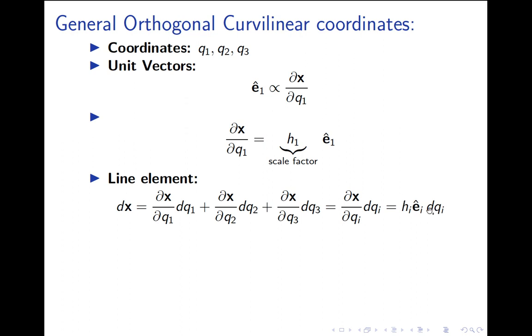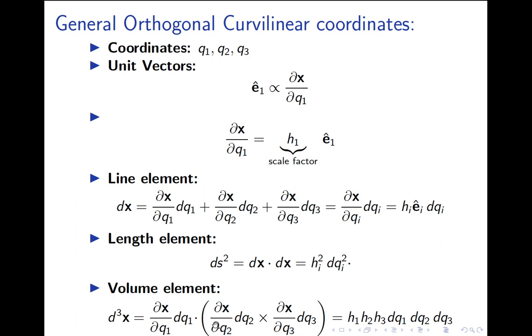So this is the general expression for a line element along a general orthogonal curvilinear coordinate. The length element is given by the magnitude of the line element, dx dot dx, and because they are orthogonal, this will be hi squared dqi squared. Sum over all i is implied because i is a repeated index.